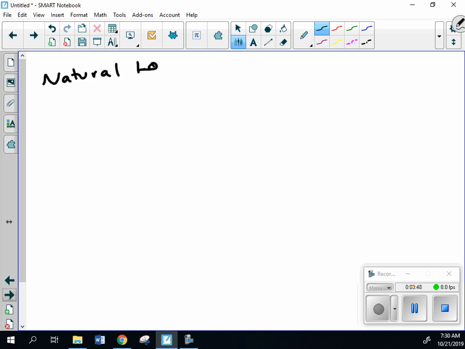So a natural log is in the form of log of base e. And remember, we write this as ln. Same concept in terms of our logarithms as in our other situation.